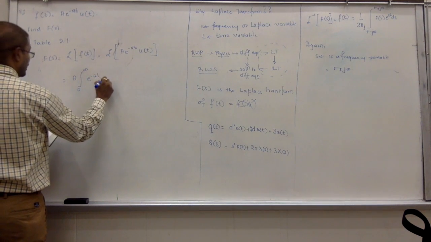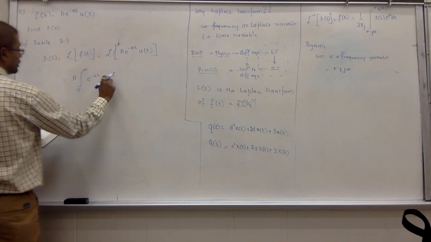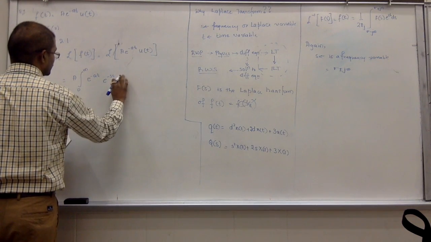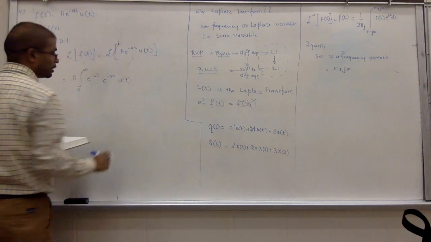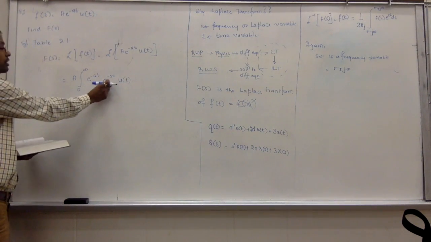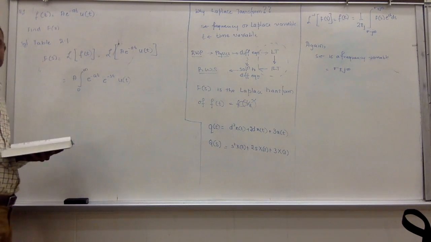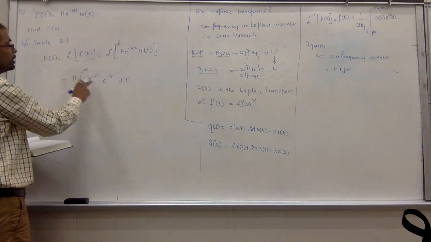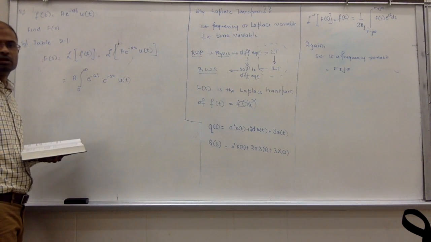Now we have to add e to the power of minus s t, dt, and you keep u of t. Look at the definition of the Laplace transform that I gave you on the board. The function f of t times e to the power of minus s t will be there.